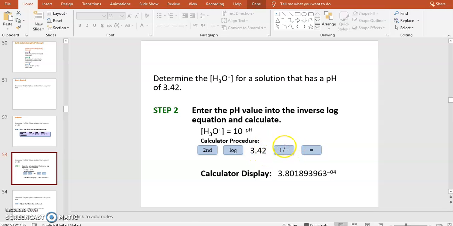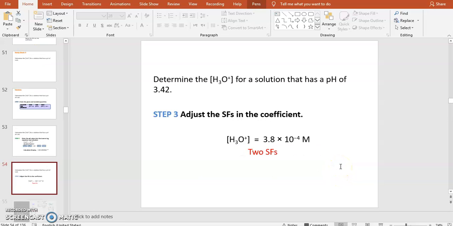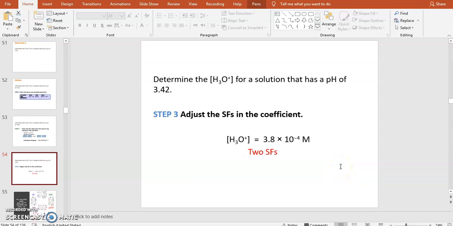Again, with some calculators you have to put the minus before the number, and then equal, and you get this number. And this means times 10 to the power of minus 4. So this is the concentration.